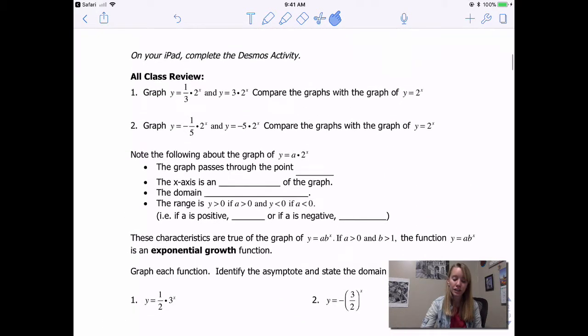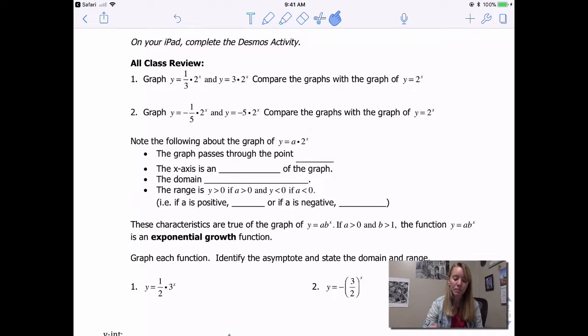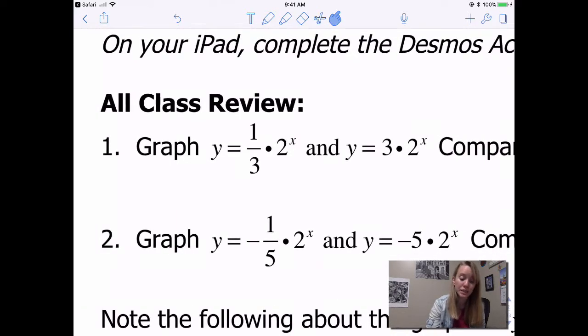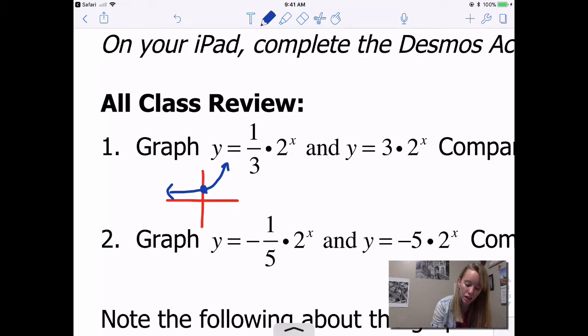So let's actually talk a little bit about the characteristics of this graph. If you plugged in these two graphs onto Desmos or a graphing calculator, here's kind of what you would get. I get y equals 1/3 times 2 to the x. I would have a graph that looked kind of like this. And the point (0, 1/3) would be the place that it intersected the y-axis.